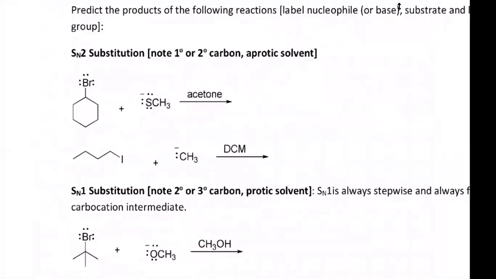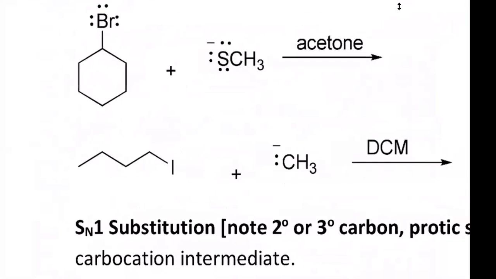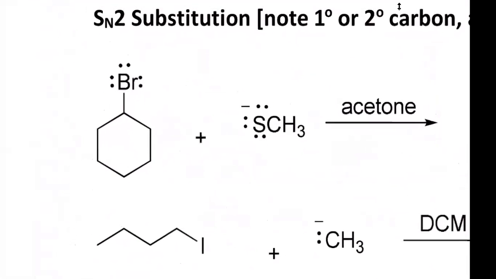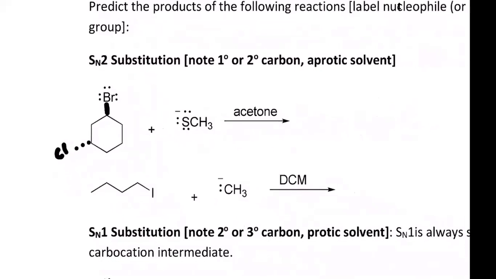I want to change this first example just to make a point, because we talked about this before, but I want to reinforce it. So this is my substrate, and this is an SN2.